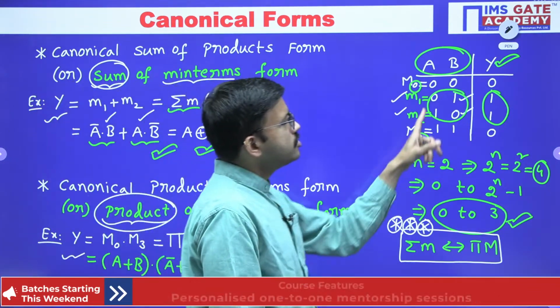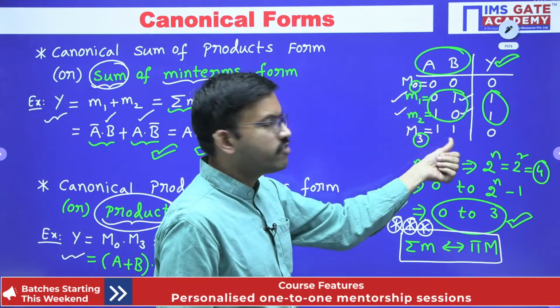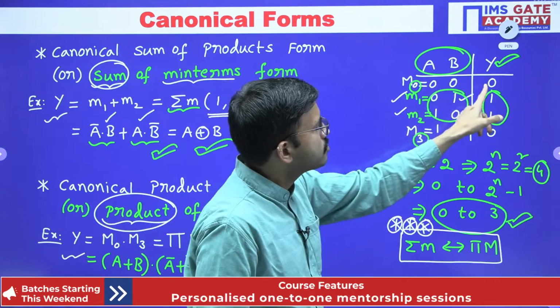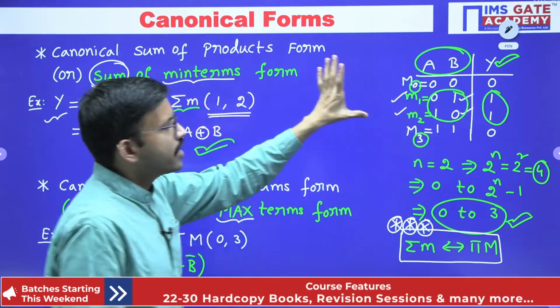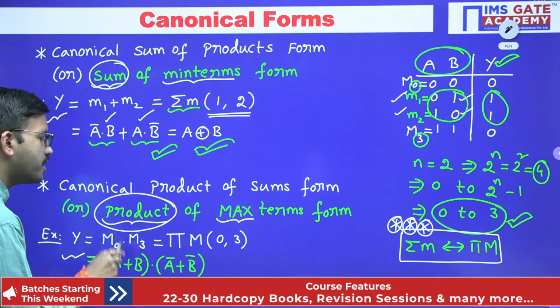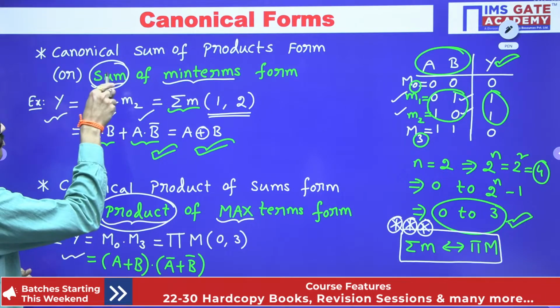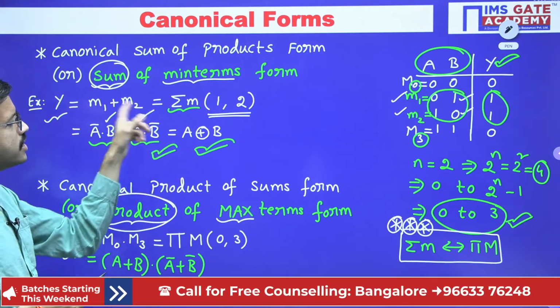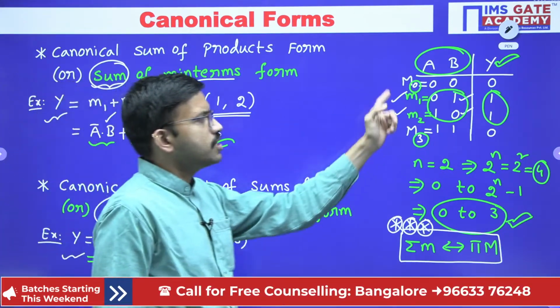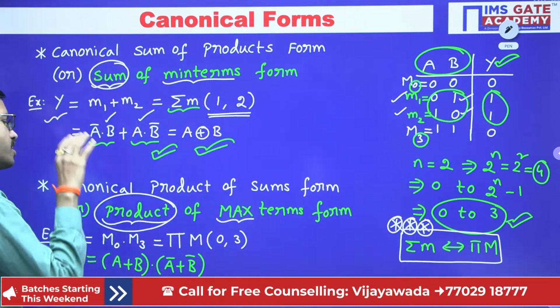But according to the truth table, for these two input combinations, 0, 0 and 1, 1, the truth table is saying that the output is 0. According to the truth table, you are supposed to get 0. But if you perform the addition operation here, you are getting 1. Similarly here, instead of sum, if you consider product, you are getting resultant value 0, but according to the truth table you should get 1. Okay, that's why here we have considered sum, here we have considered product.